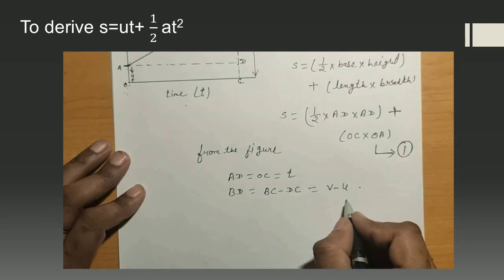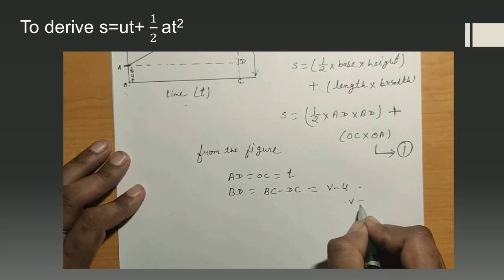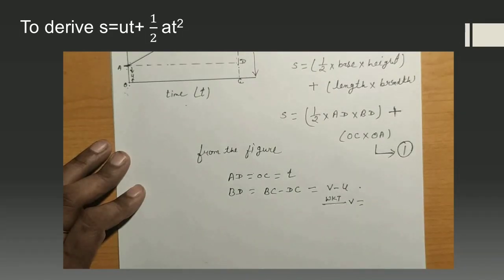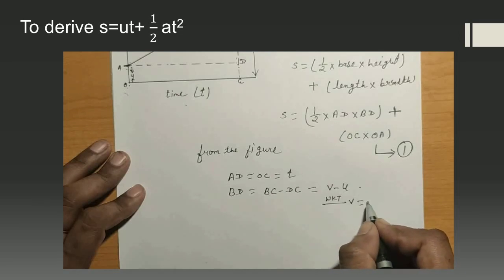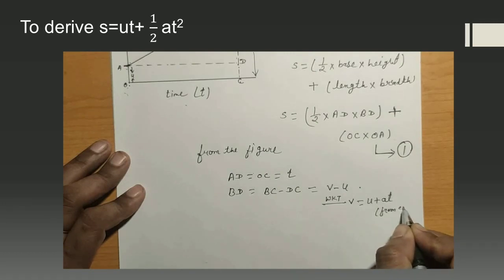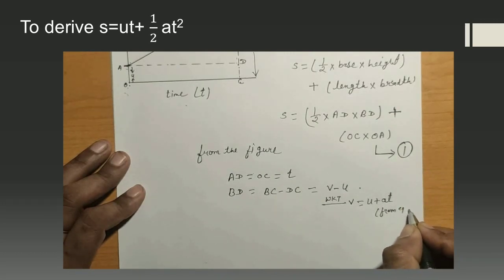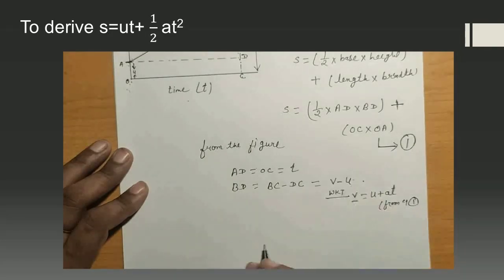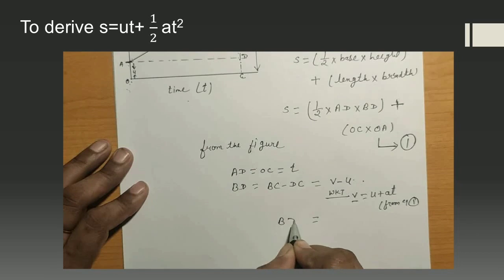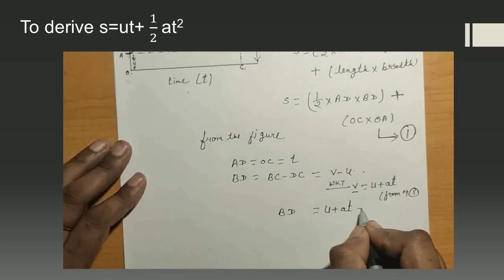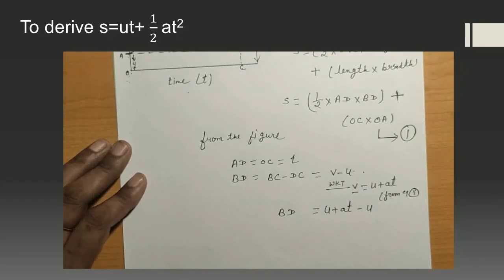Clear? But as we know that v is equal to u plus at from the first equation of motion. So the value of v we will put here. So the value of BD will be, at the place of v, we will write u plus at minus u. Clear?